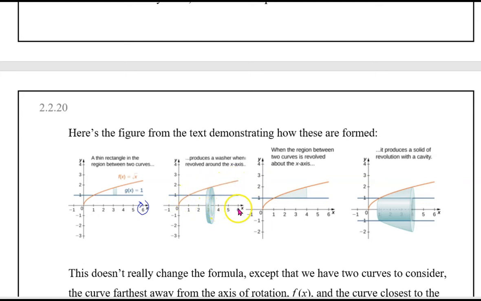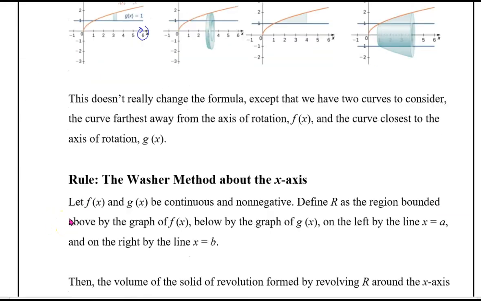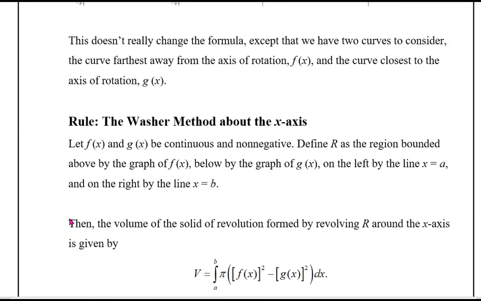In that way, we can see that we get an outer surface and an inner surface being carved out from the two graphs because the strips do not touch the axis of revolution. If the strips touched it, we would have the right value. You can see here the rule for the washer method about the x-axis. F of x and g of x are continuous and non-negative.